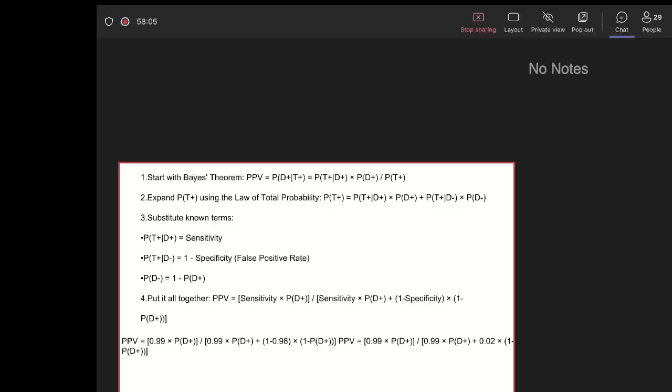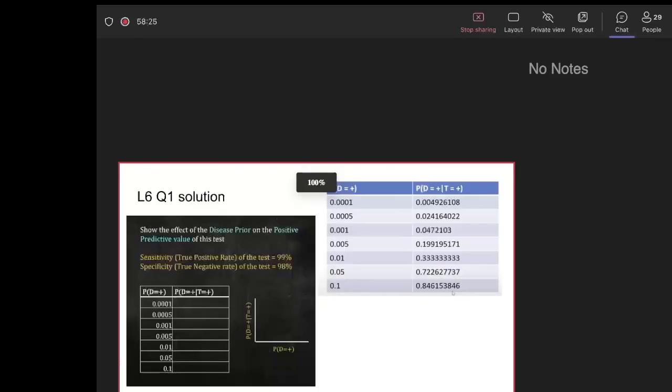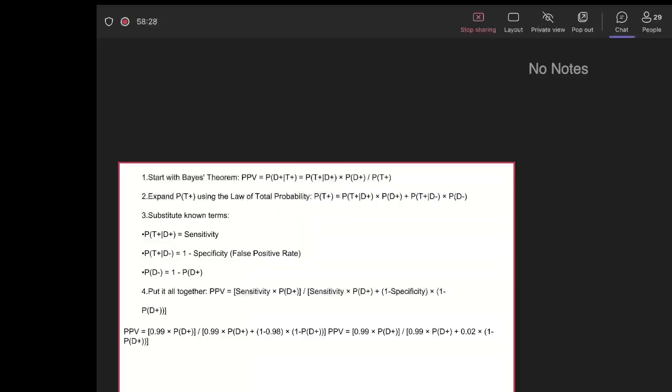They are asking for positive predictive value. Positive predictive value means the probability that the person is actually positive for the disease, given that the test is positive. If you expand this with Bayes' theorem, probability of D plus given T plus is equal to probability of T plus given D plus into probability of D plus, divided by, in the denominator, probability of true positives.